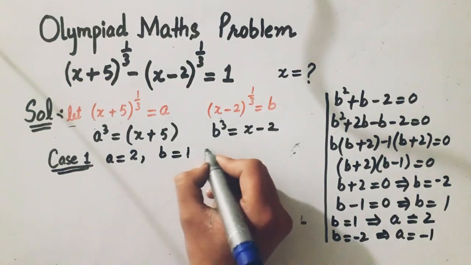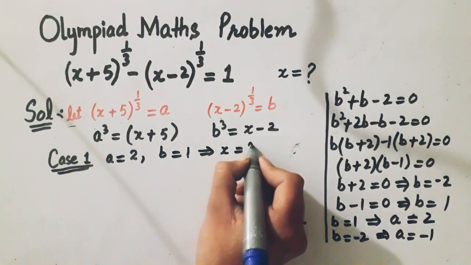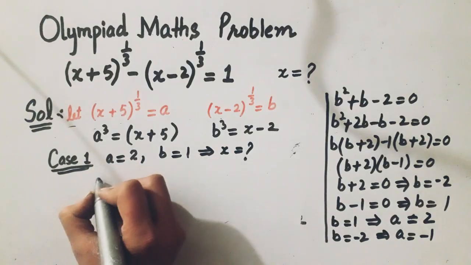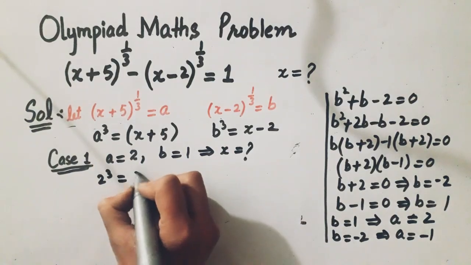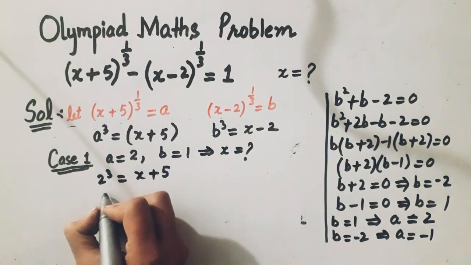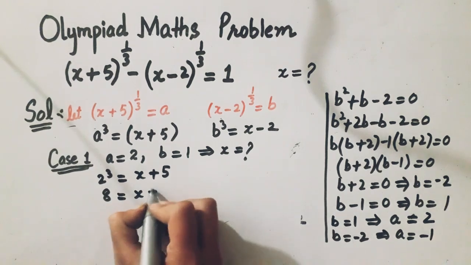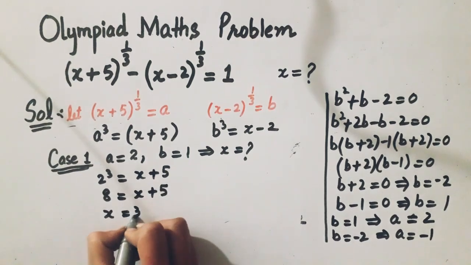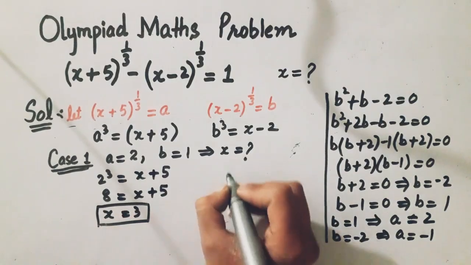So we have to find the value of x. a cube means 2 cube equals x plus 5. So 2 cube is 8, 8 equals x plus 5. So 8 minus 5 will be 3, which gives us x equals 3.